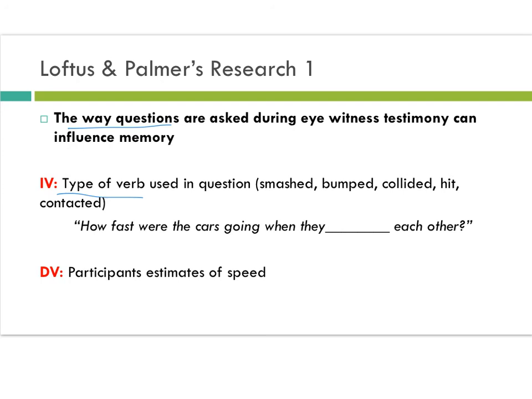What this affected was the participants' estimates of speed. Loftus and Palmer found that if they used verbs like smashed, the participants would have higher estimates of the speed of the cars in comparison to if they used verbs like hit or contacted.